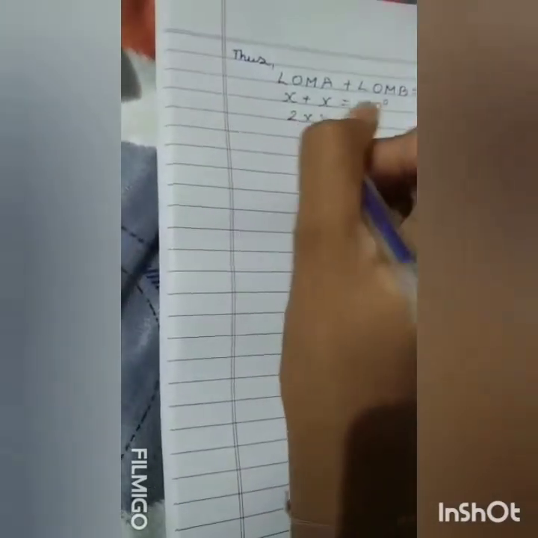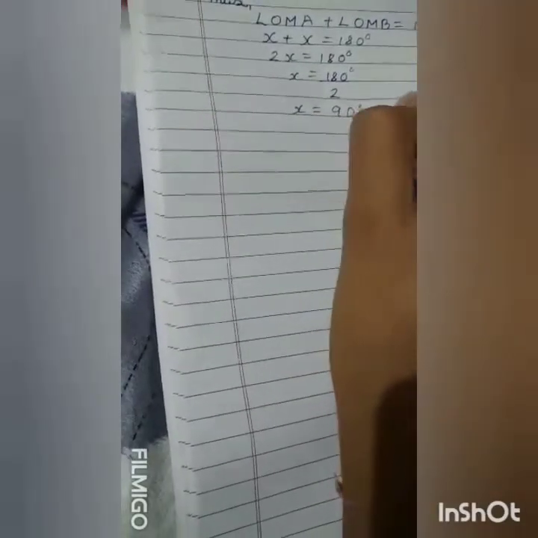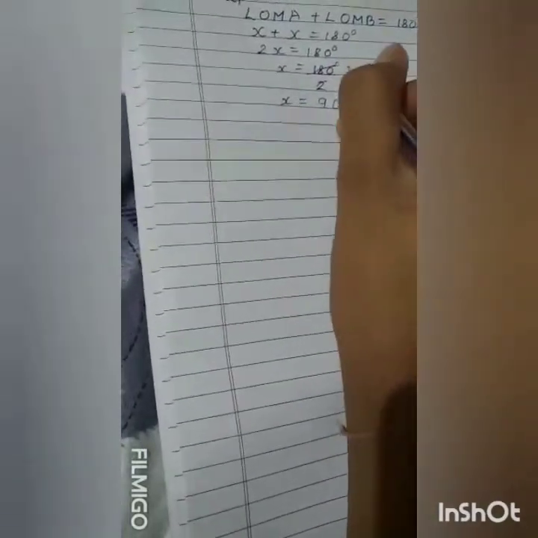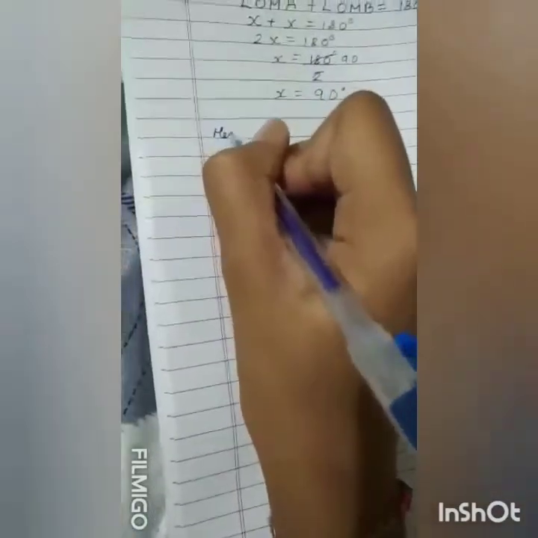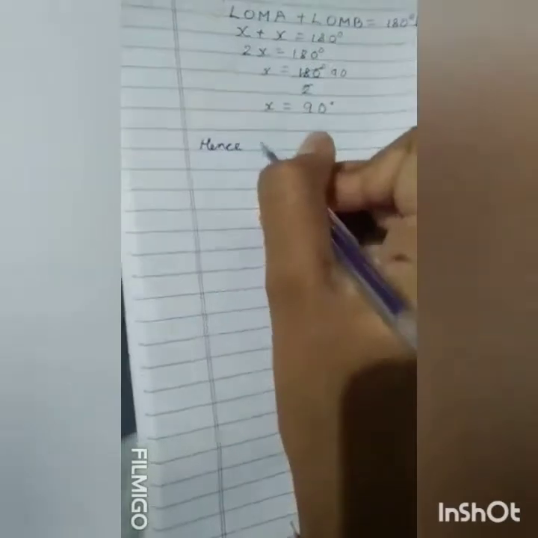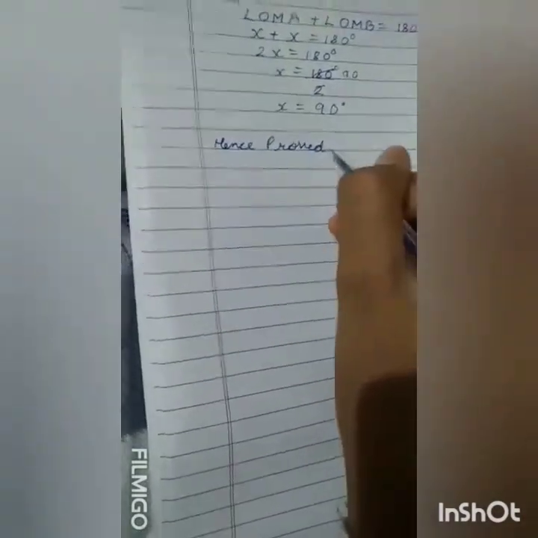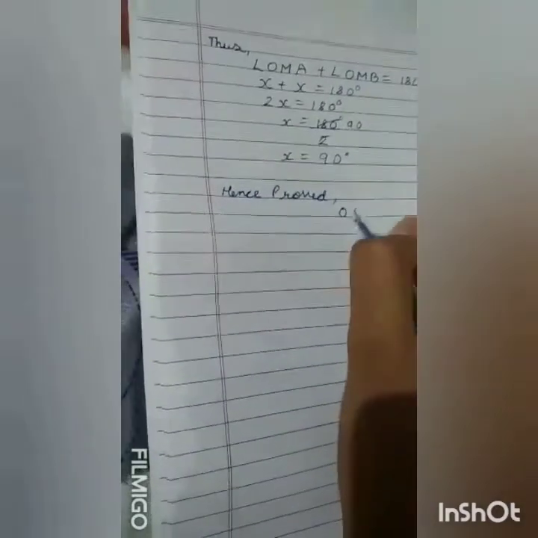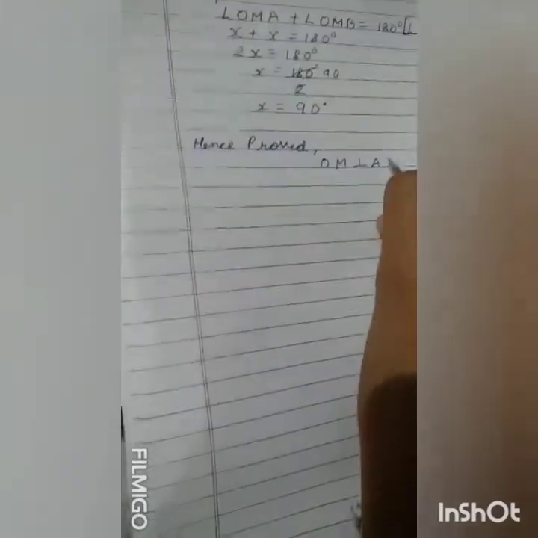So 2x is equal to 180 degrees. x is equal to 180 degrees by 2. x is equal to 90 degrees. So hence proved. ON is perpendicular to AB.